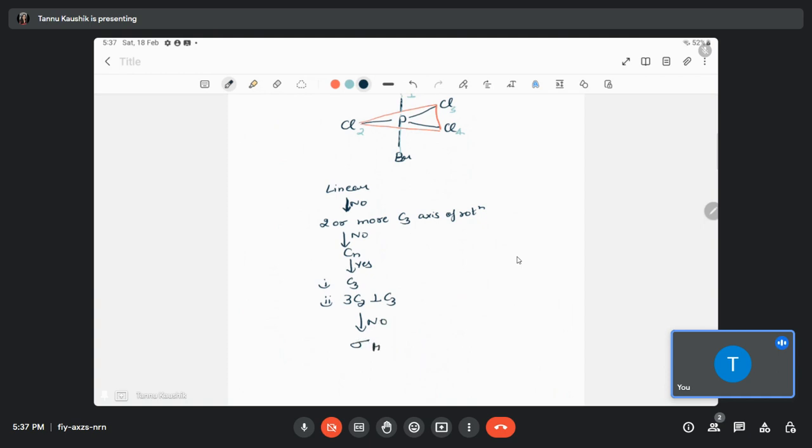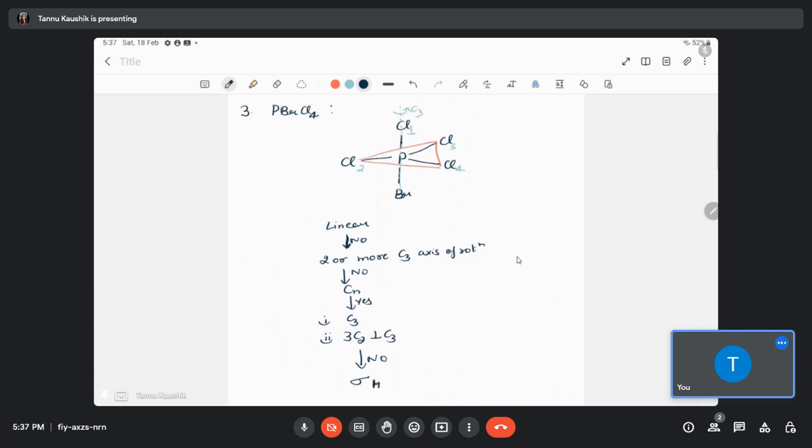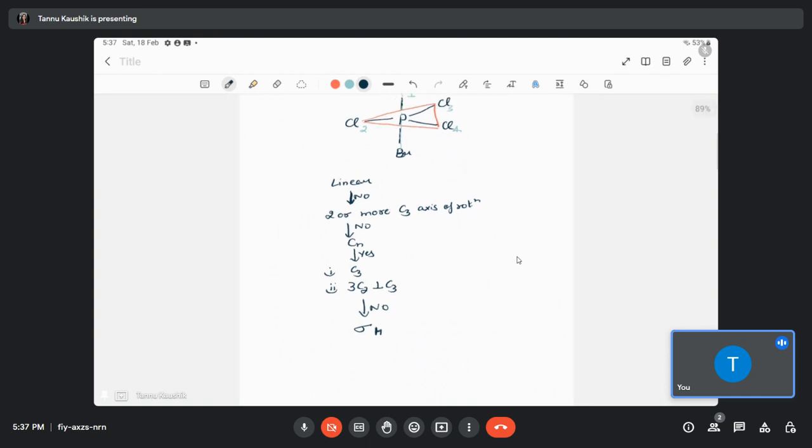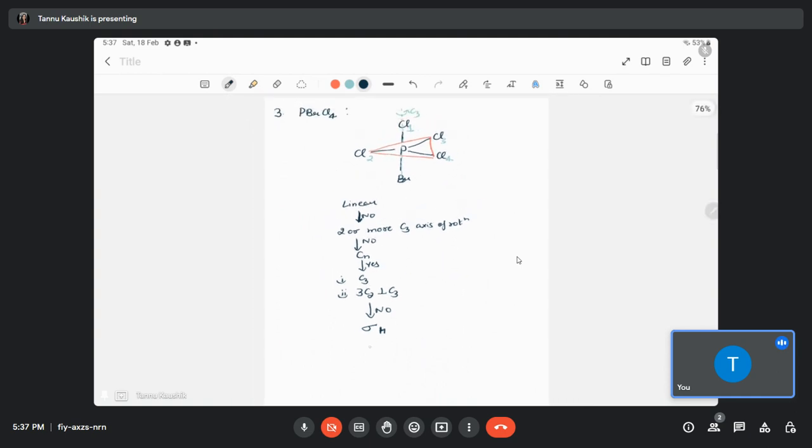So again, we will check. Do we have a horizontal plane? So, perpendicular to the C3 axis of rotation, we have this plane which will contain Cl2, Cl3, and Cl4. So, when we apply this operation, it will reflect Cl on one side and bromine on the other side. So, we are not getting an equivalent configuration. Therefore, we don't have a horizontal plane present. Okay. So we will be checking, do we have sigma V planes here?